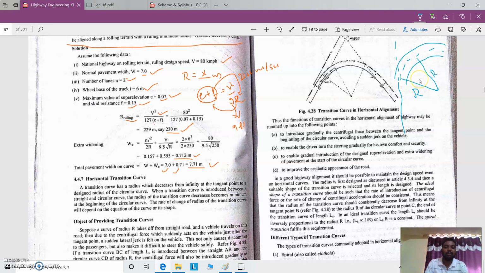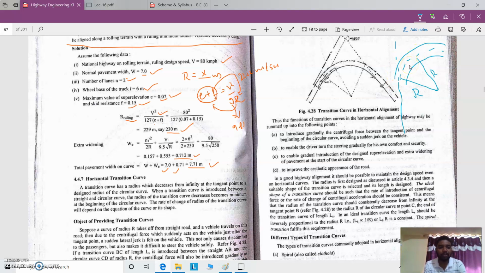In that case the centrifugal force acts suddenly on the body of the vehicle, and due to the sudden application of that centrifugal force, the vehicle will move away from the circular path.